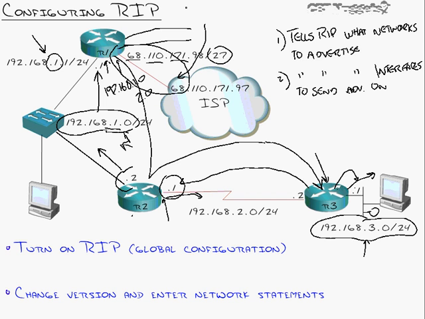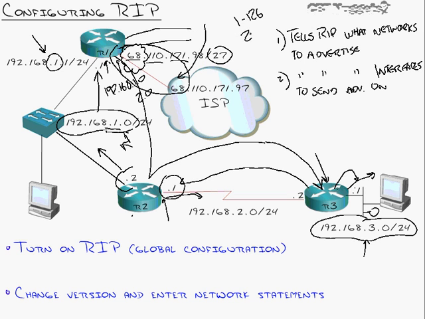RIP, being a very old protocol, wants you to type in the networks as if they were classful, meaning as if they were their default class. Now, looking at that first number on this internet address, what class is that? Well, class A is 1 through 126 in the numeric scale. So that is a class A address.